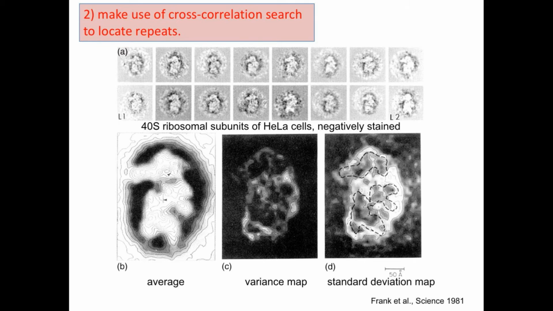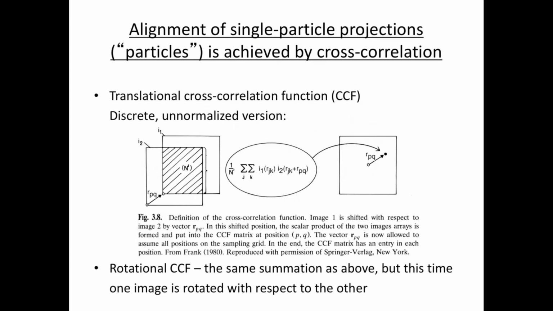And at the same time, we get a variance map and standard deviation map. So this alignment of single particles is achieved by cross-correlation. So we have translational and rotational cross-correlation.